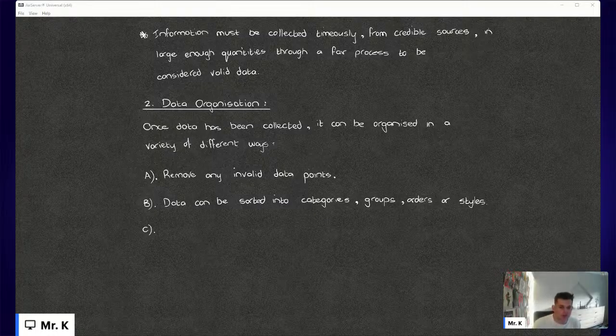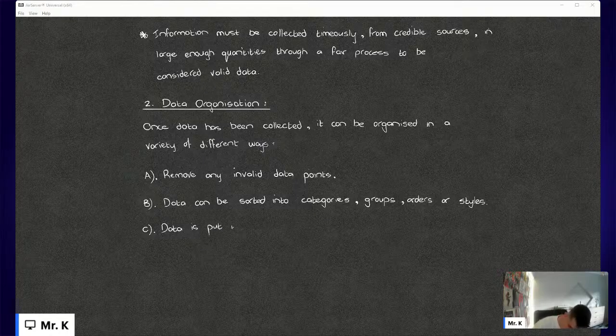When we have all of this information that we've sort of sorted now, we make sure the data is put into easily accessible formats.